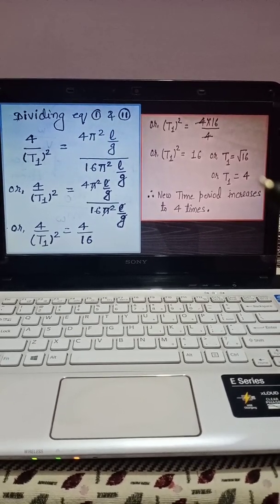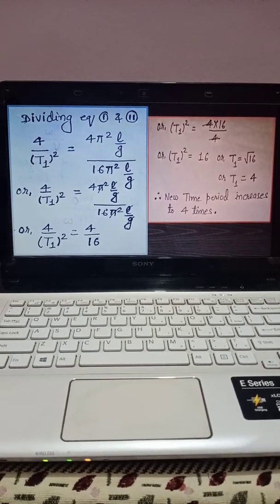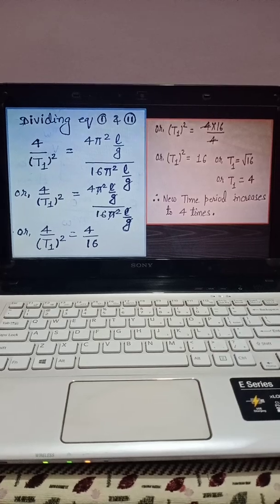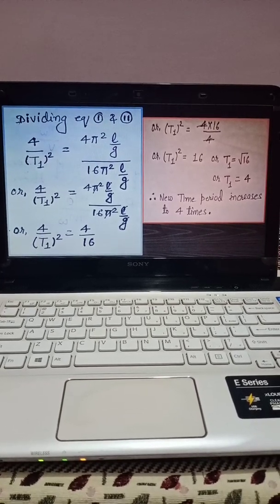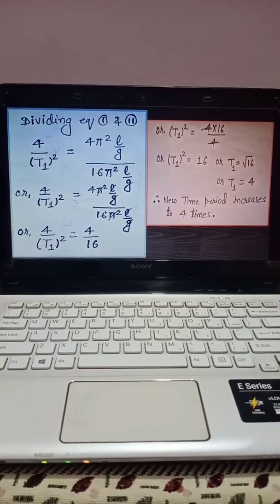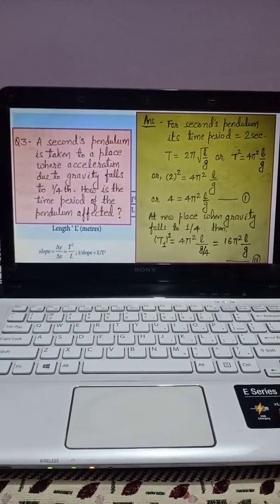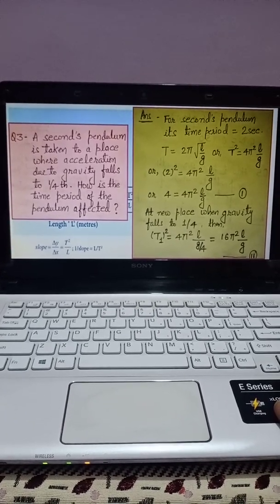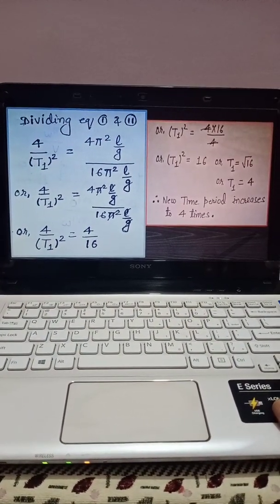which means 4 seconds. So this means that when the gravity falls to 1 by 4th, we get the new time period as 4 seconds.